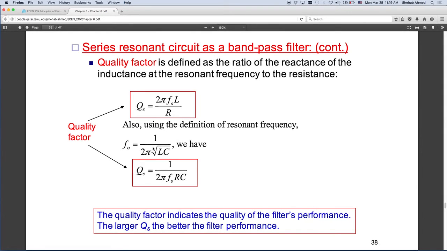So I can solve for L here and substitute in this quality factor equation. And in that case, I will get a quality factor equation in terms of resistor and capacitor, right? So where this is coming from is solving for L here and substituting in this equation.